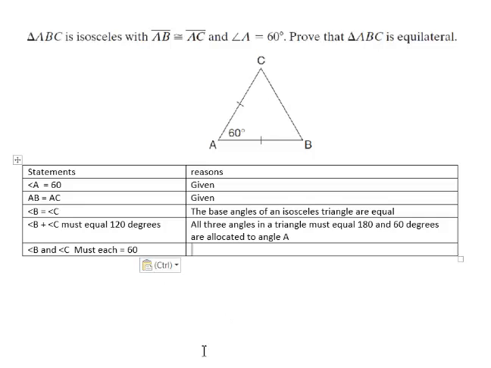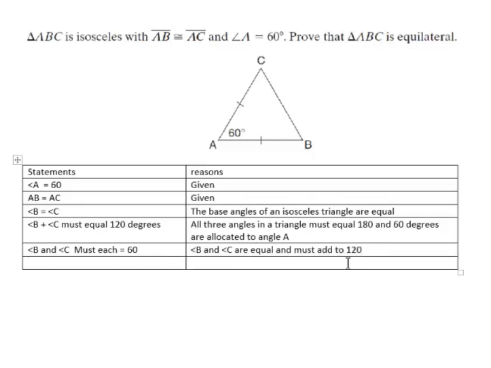Okay, because angle B and angle C are equal and must add up to 120. That's fairly obvious. And I'll say that angle A equals angle B equals angle C, and the way we know that is because all three equal 60 degrees.